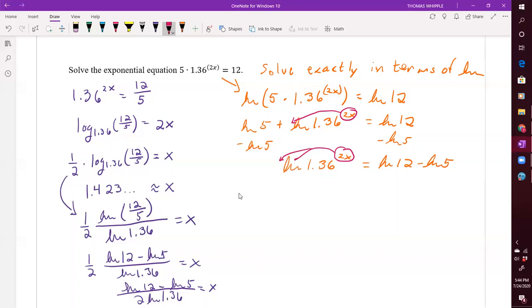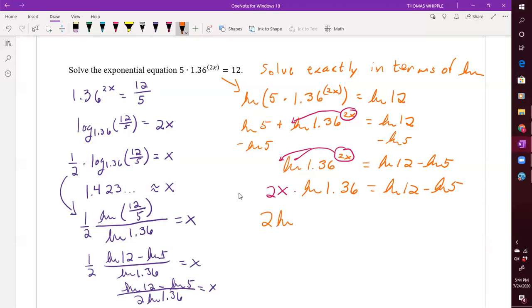So we'll have 2x times natural log of 1.36 equals natural log of 12 minus natural log of 5. And as we do this, my question would be, what kind of equation do we have now? If you look at it closely, we actually have turned this equation into a linear equation, all right?